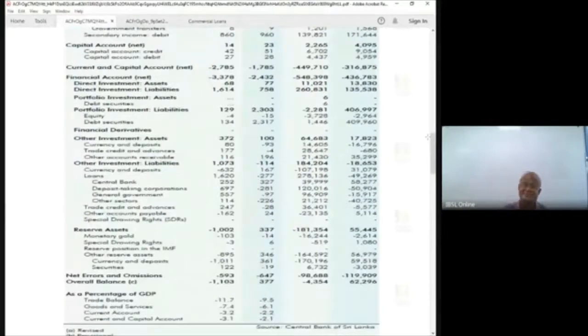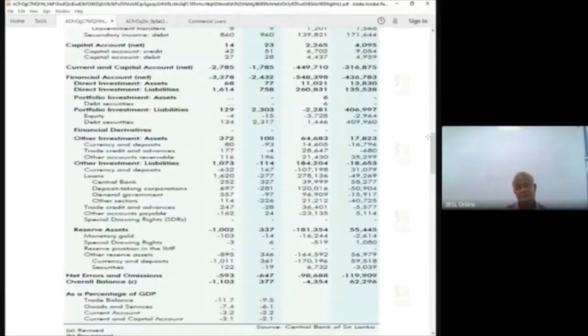If the Sri Lankan government purchases a building in the US for their embassy, that is an outflow of dollars. Purchases or sales of assets are entered in the financial account. Then purchase and sales of financial assets, treasury bills, treasury bonds.